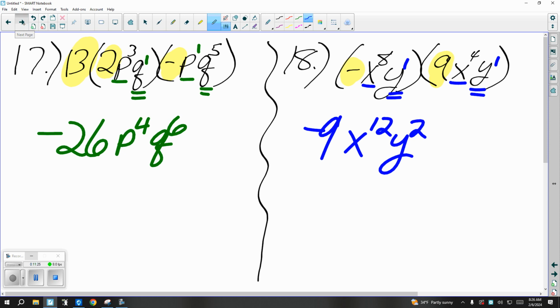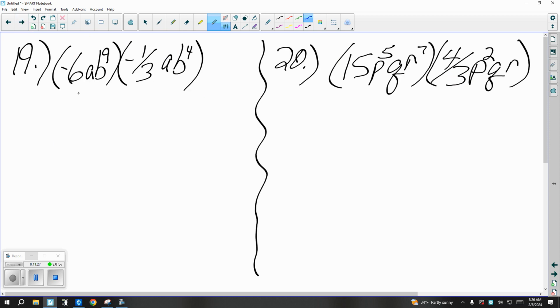Number 19. Oh, crud, there's a fraction. So you use your fraction button on your calculator, or you remember that all it is just 6 divided by 3. All right, so the negatives are going to make it positive, so then this value is just going to be 2.